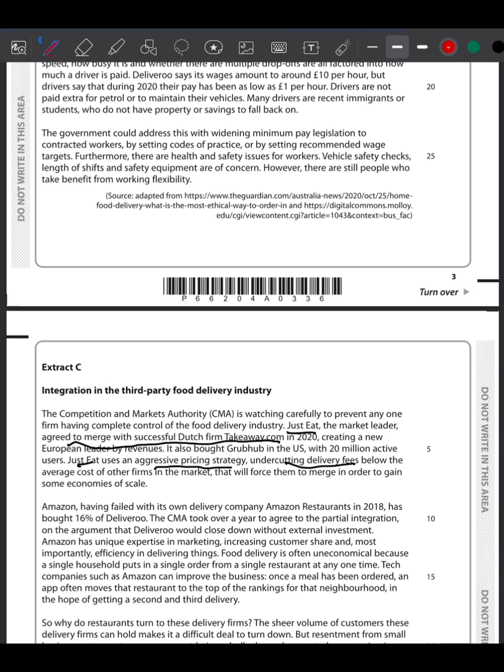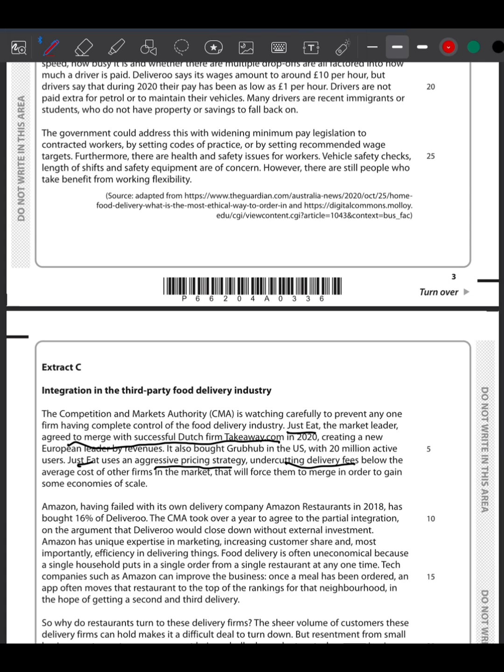For example, Just Eat uses an aggressive pricing strategy, undercutting delivery fees below the average cost of other firms in the market. That would be your application. Then you would explain as your analysis. Therefore, consumers tend to pay less. As a result, this leads to consumer surplus increasing as they are able to save money, which may also lead to an increase in demand. That would be your KA2, your second paragraph.